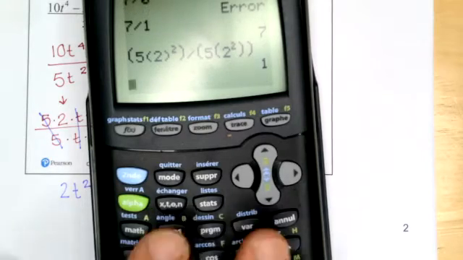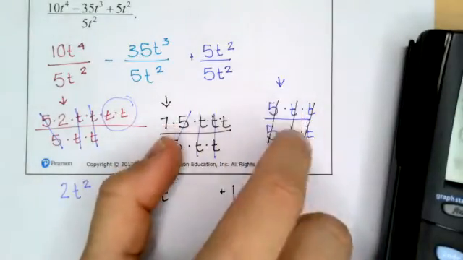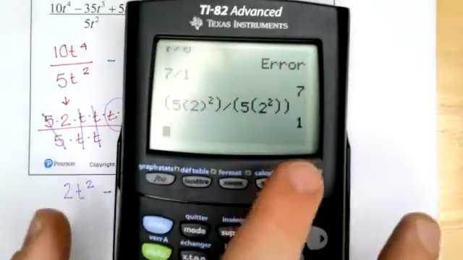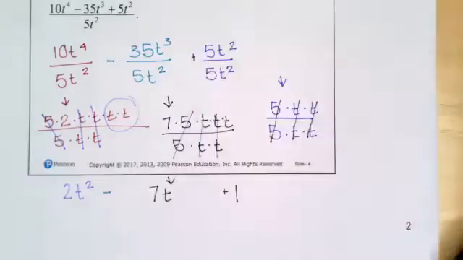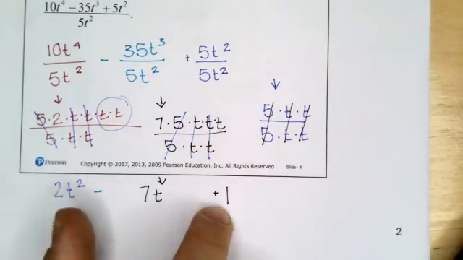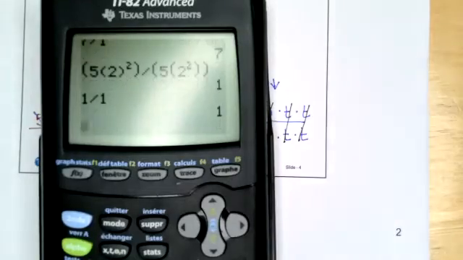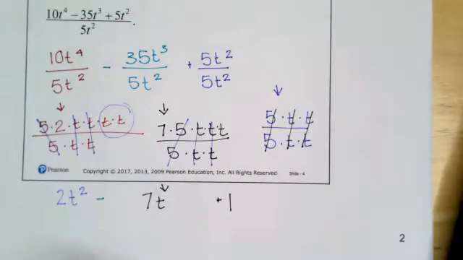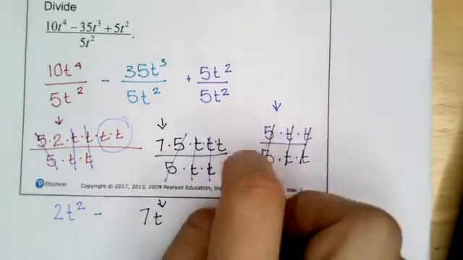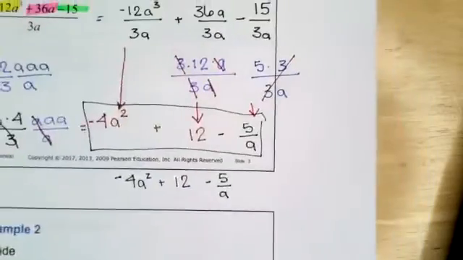You're going to get 1. Okay, no matter what that t is, it's going to be the same t on the top and the bottom. So whatever that number is, it's going to give you 1 because it's itself divided by itself. Okay, and 1 divided by 1 does not become 0. 1 divided by 1 is still 1. Good. When we're dealing with fractions, it never disappears to 0. It disappears to 1. Good.